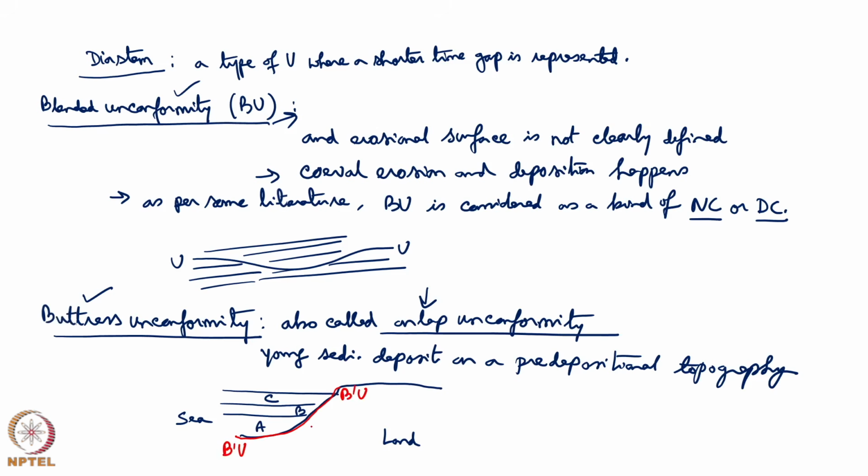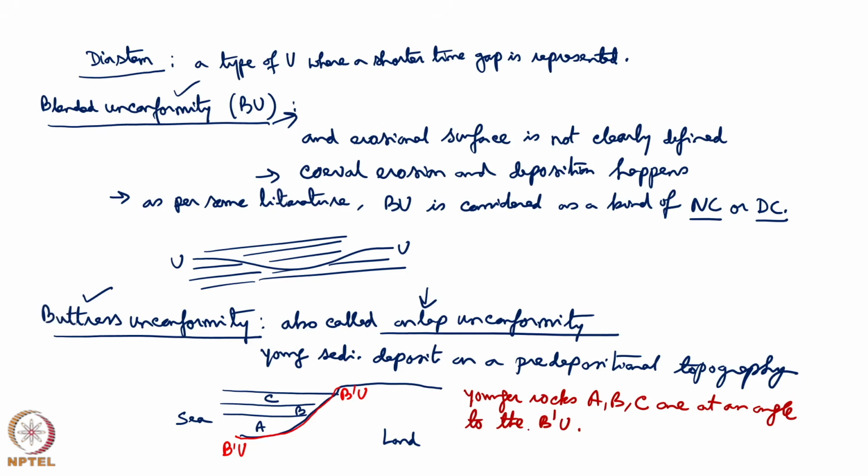So, what is happening here? The younger rocks A, B and C are at an angle to the buttress unconformity. Let me write down: A, B and C are at an angle to the buttress unconformity.